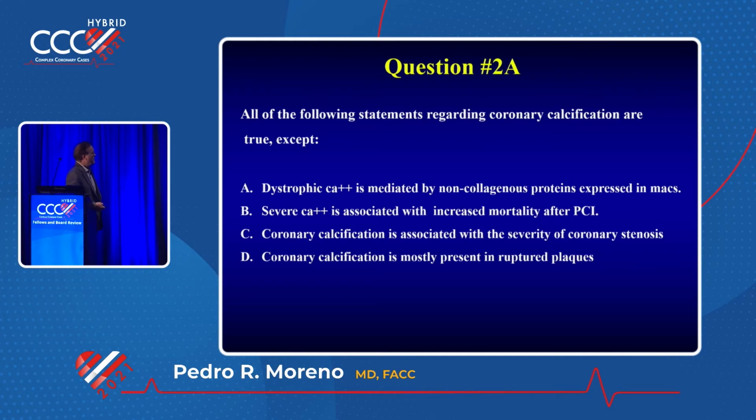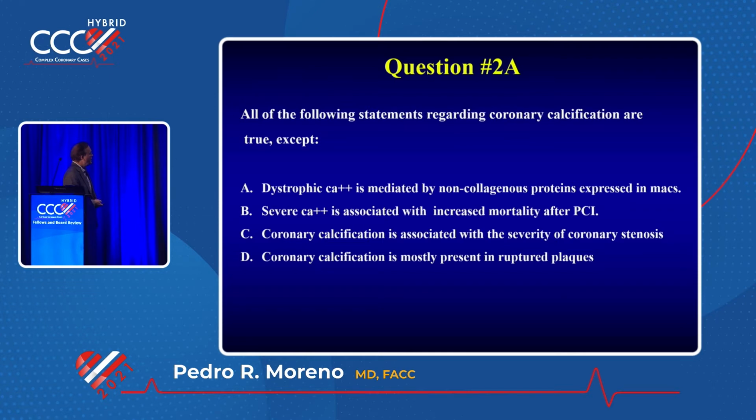Coronary calcification is associated with the severity of coronary stenosis. Coronary calcification is mostly present in ruptured plaques. Oh, it's a tough question. Over there. Anybody want to jump? Which is the wrong answer?